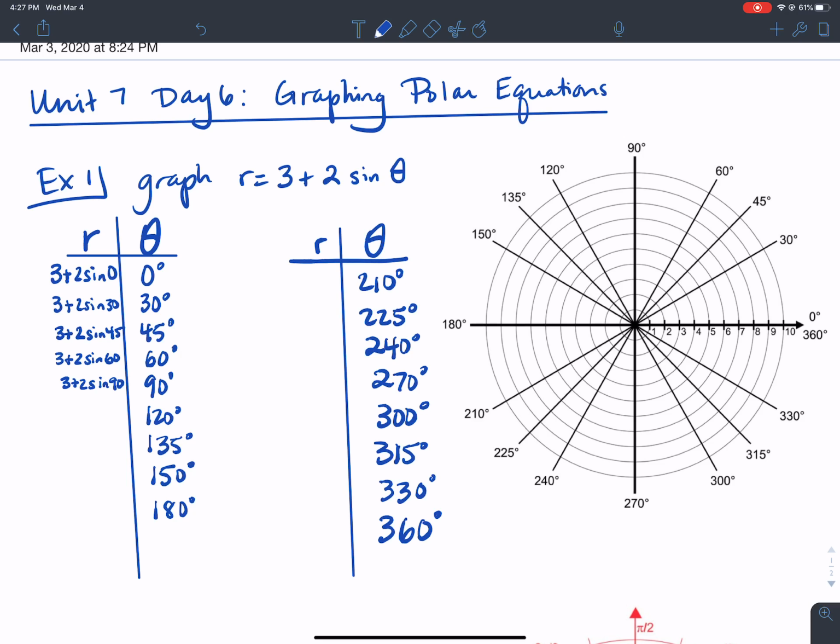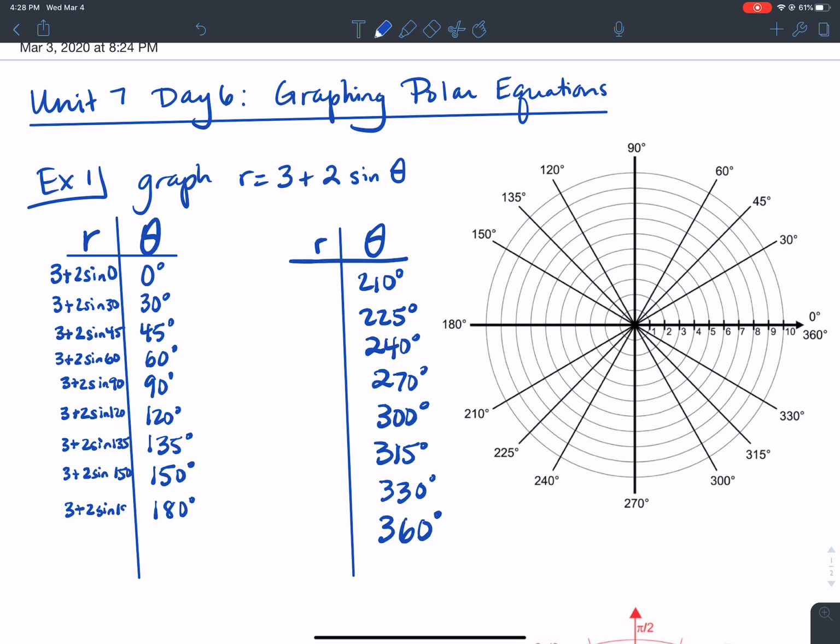So as soon as we find our answers for quadrant 1, our values are going to repeat for the angles that are in quadrant 2. And so even though it looks like we have a lot of work to do here, it's really not that bad because of the repeating values.